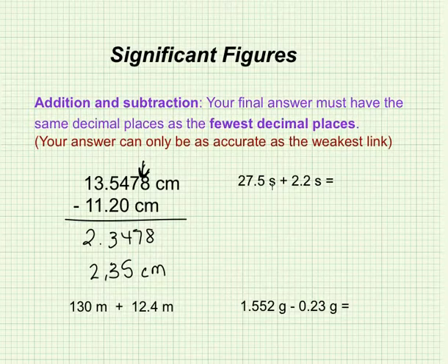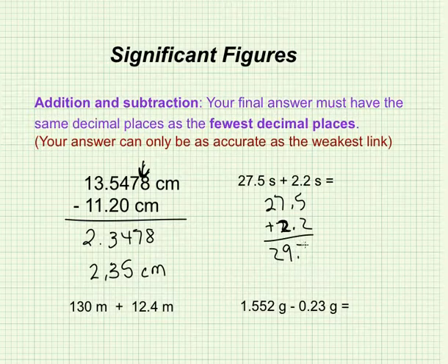Again, I would rewrite these. So I have 27.5 plus 2.2. You'll notice that both of these are accurate to the 10th place. So when I add them, I'm going to get 29.7.